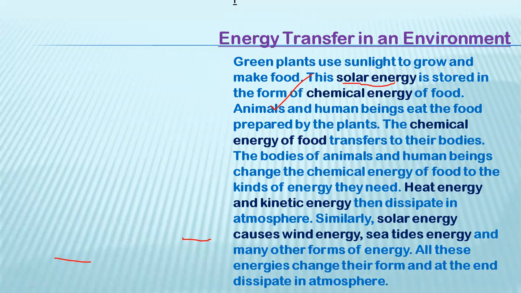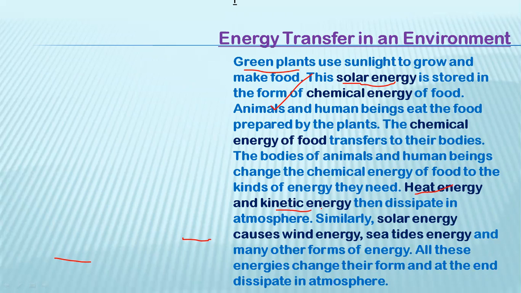Solar energy is stored in the form of chemical energy in the plants. When we use those plants as vegetables, fruits, or any type of food from plants, animals and human beings eat that, and that chemical energy is changed into heat and kinetic energy.